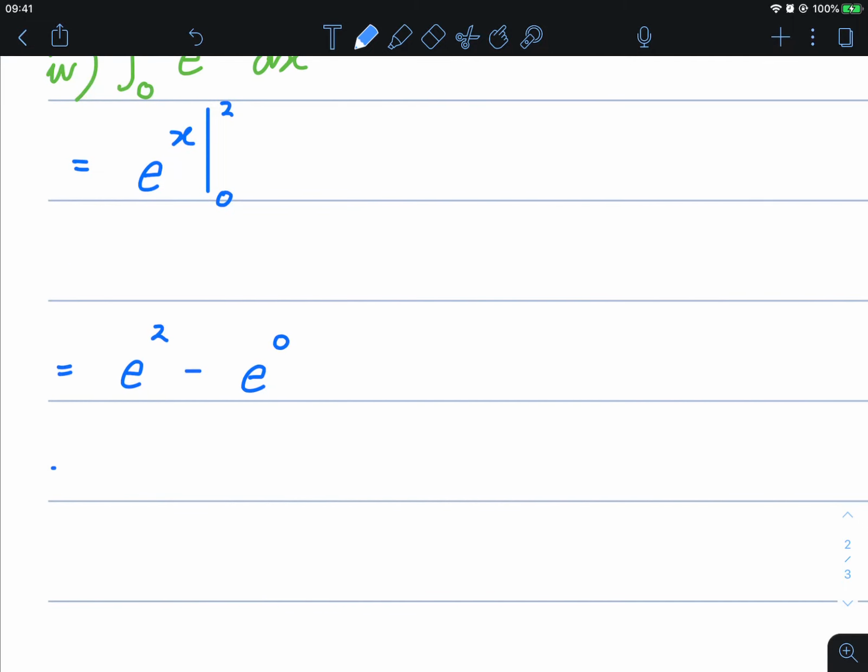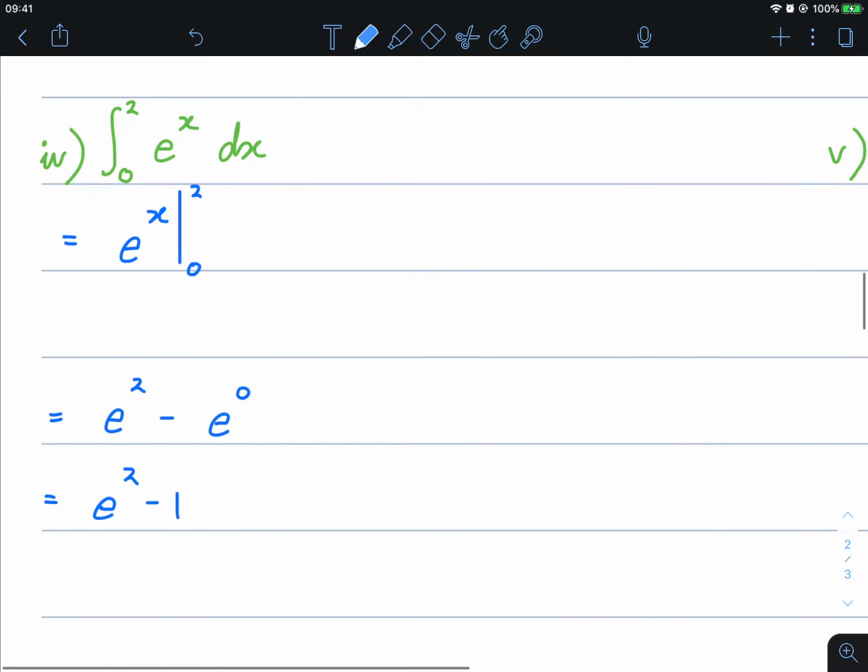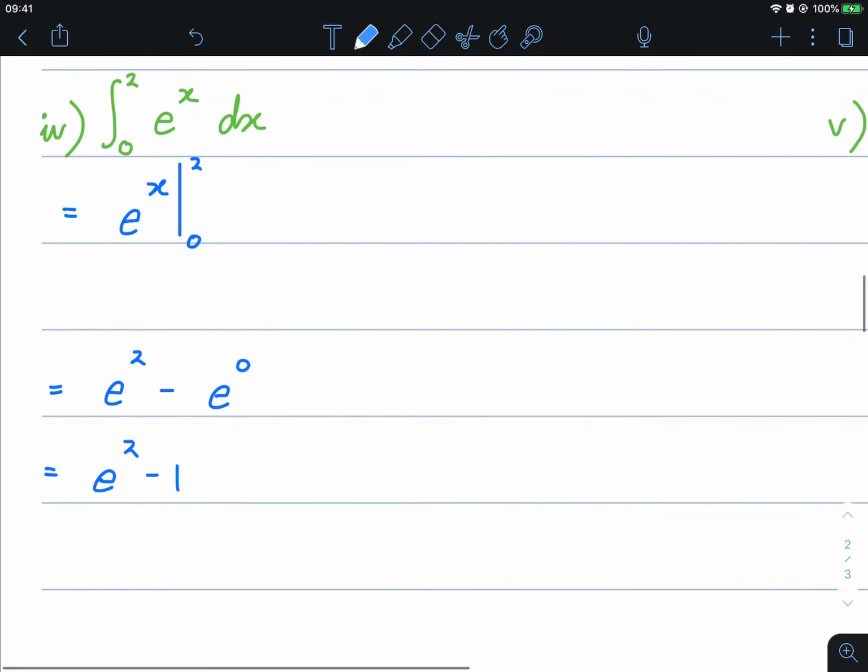I'm just going to leave this in exact form as e to the power of 2 minus 1. Remember, this is an area, so we'll say that... Oh, actually, no. This is not an area because we're only asked to evaluate this integral. So this is just a number, and we'll just leave it at that.